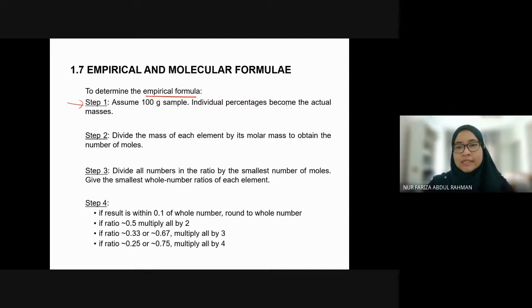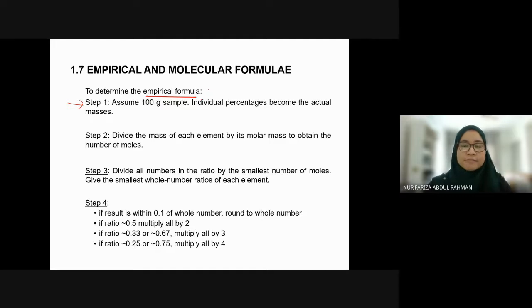Individual percentages become the actual masses. Normally the percent composition is given in the form of gram, but it can also be given in the form of percentage.